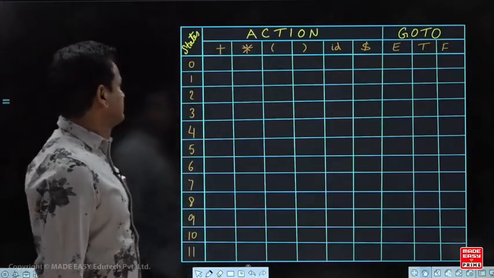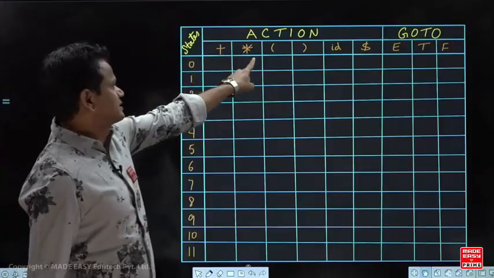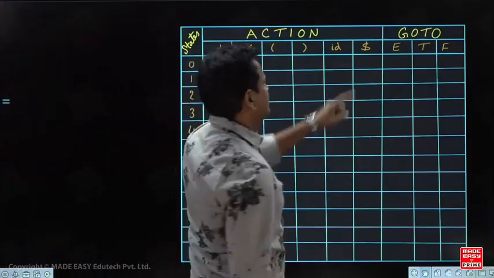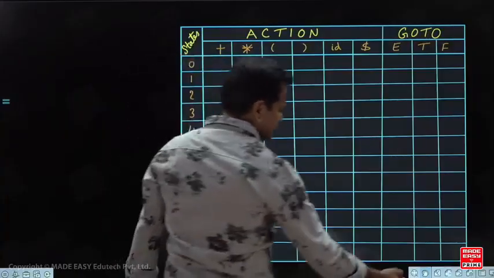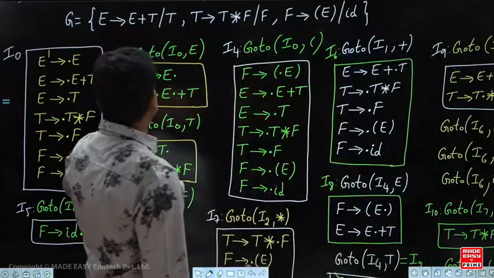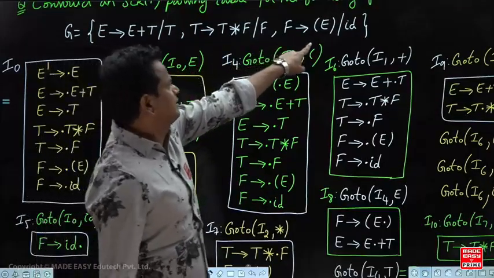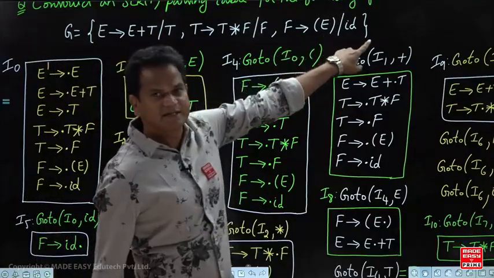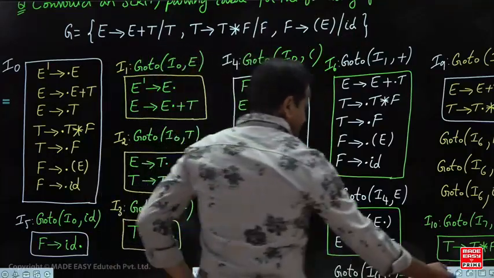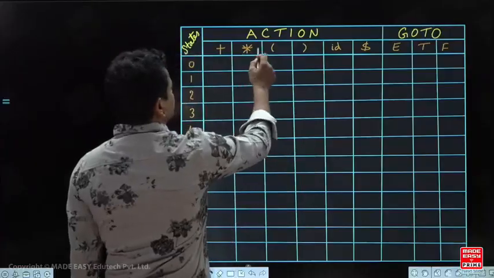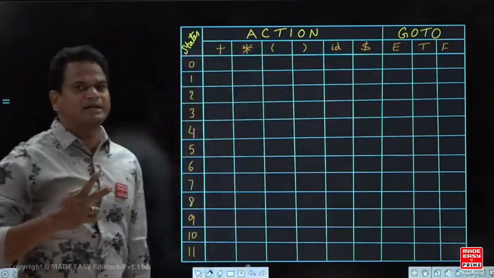In the action part, we will take all the terminals: plus, star, open, closed, ID, excluding epsilon, including dollar. See, in this grammar, plus, star, open, closed, ID are the terminals. All these terminals we will take in the action part, and also dollar.